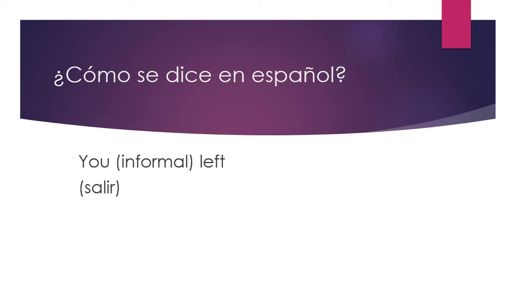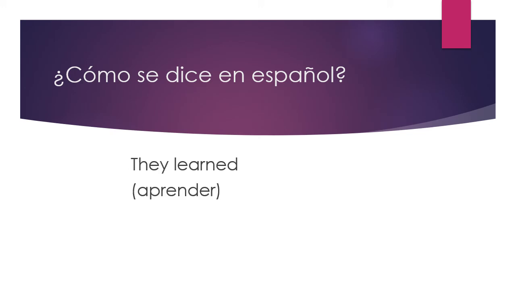¿Cómo se dice en español? You, informal, left. The verb is salir. Es saliste. Tú saliste. ¿Cómo se dice en español? They learned. El verbo es aprender.